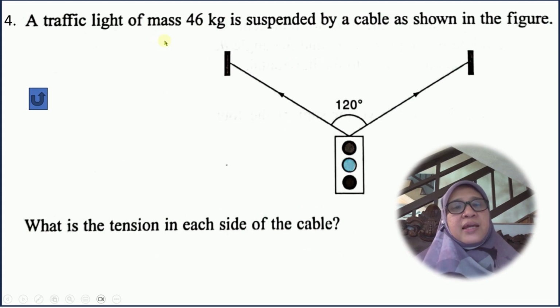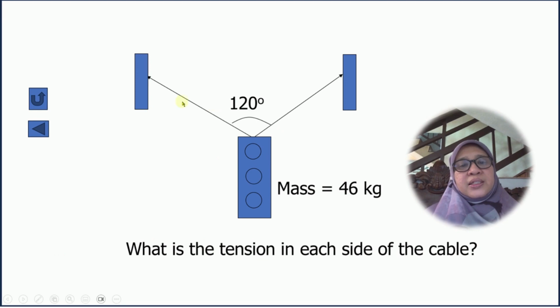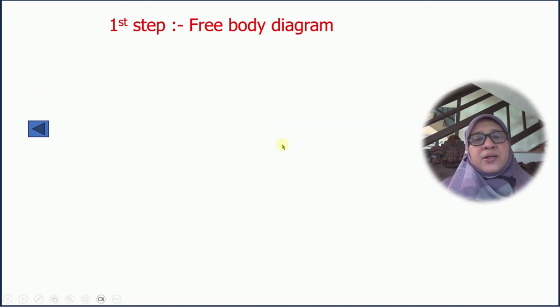A traffic light of mass 46 kilograms is suspended by a cable as shown in the figure. What is the tension in each side of the cable? The cable is separated by an angle of 120 degrees. The mass is 46 kg.